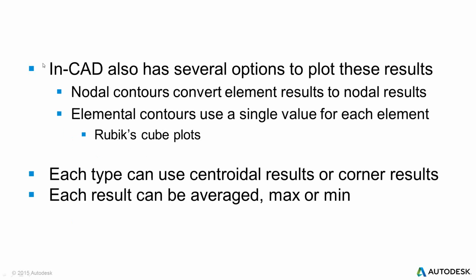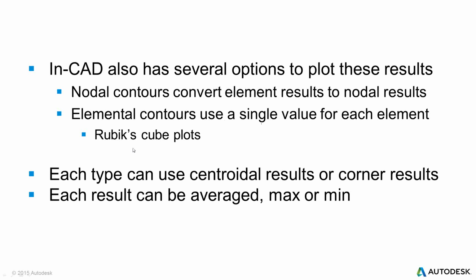In-CAD also has options to plot these results. You have nodal contours that convert element results to nodal results using one of the methods we just showed, or In-CAD has an option to plot elemental contours, and there you have a single value for each element.